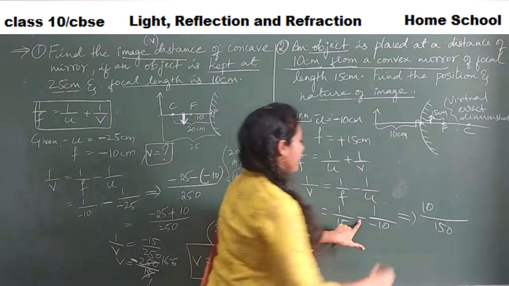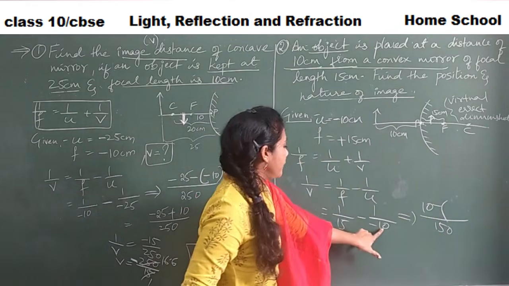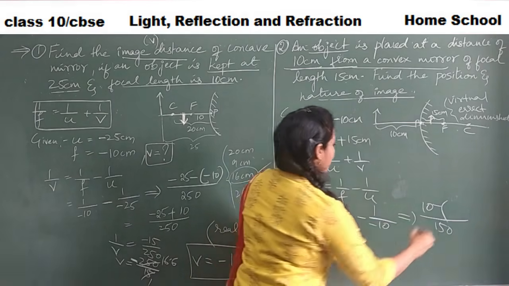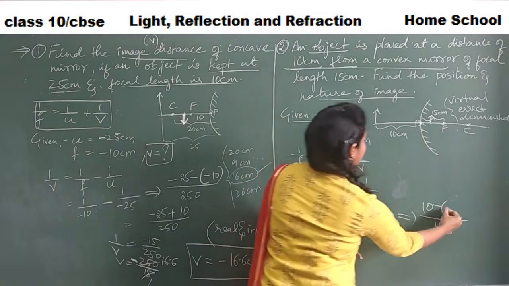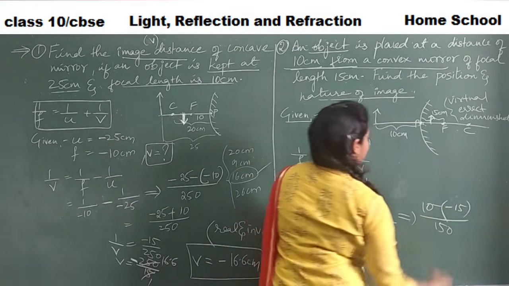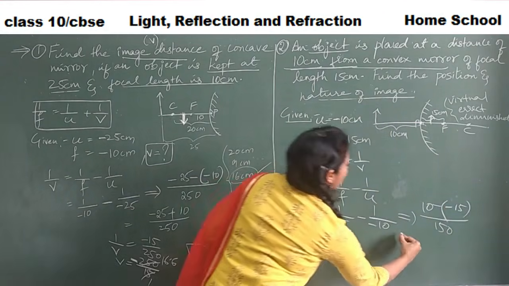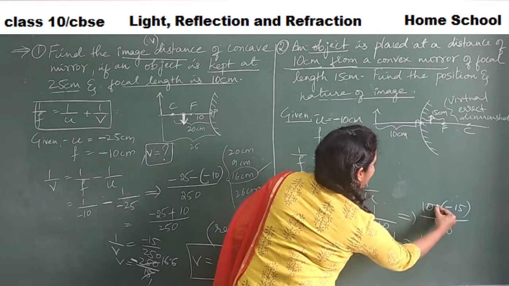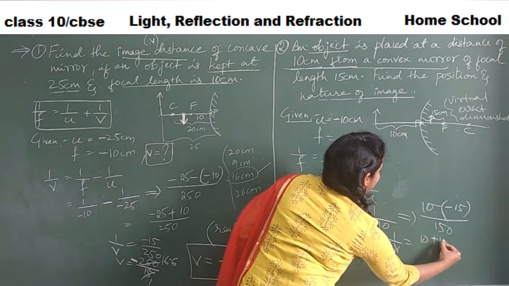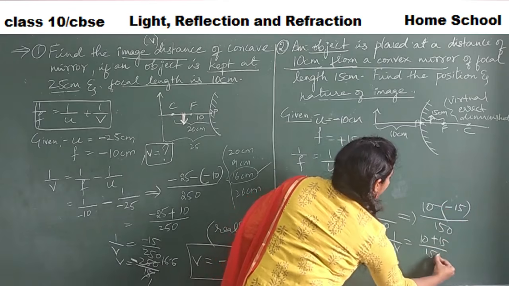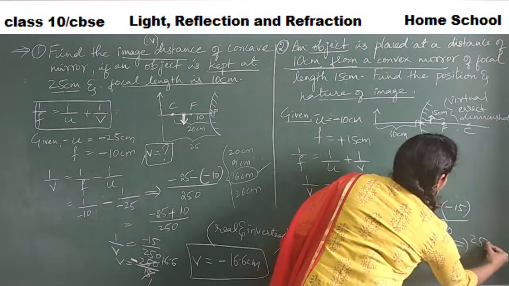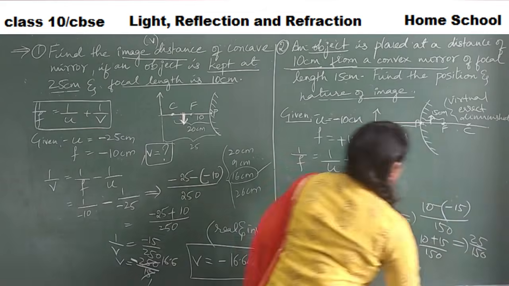So 10 minus of, and for 10 how much if you multiply you will get 150? 15, and minus is there, so don't forget minus 15, right? So 1 by v is equal to 10 minus into minus, plus 10 plus 15, divided by 150. So that will be 25 divided by 150.